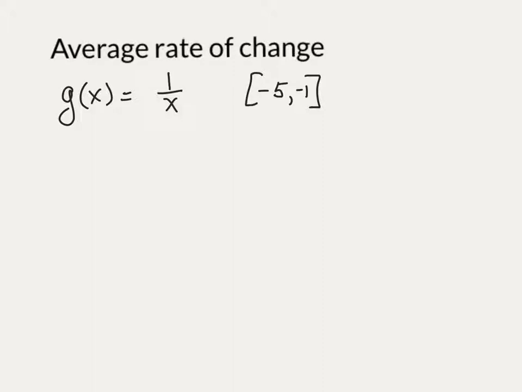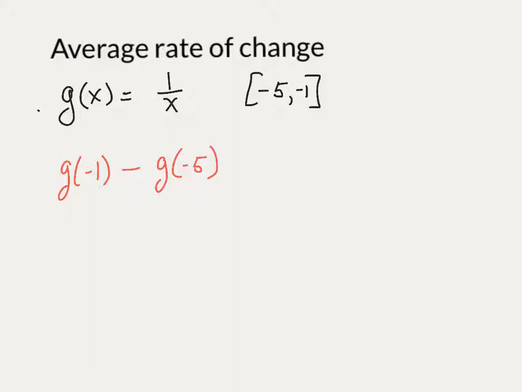I know that I need to look at my ending output minus my starting output. My ending output is going to be g of -1, and I want to take away my starting, which is g of -5.